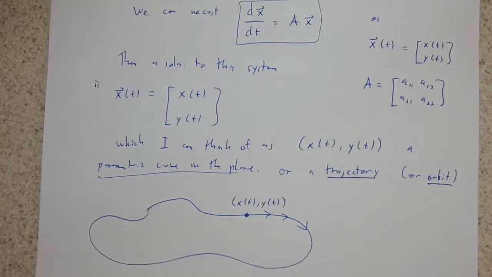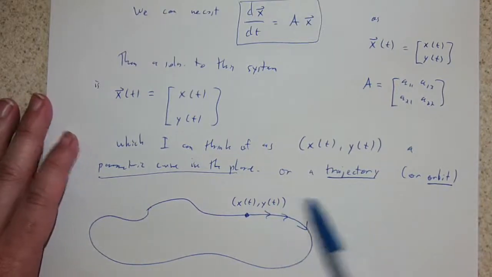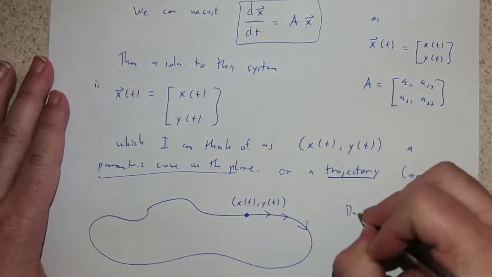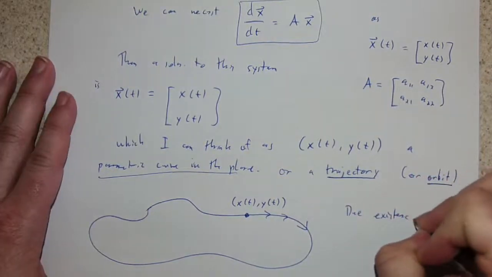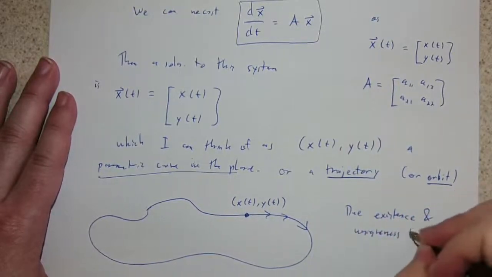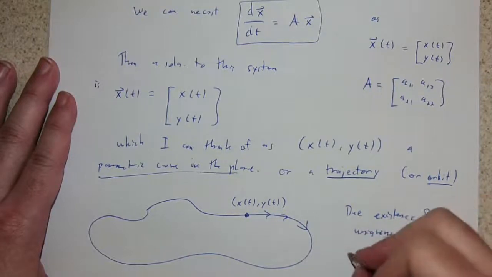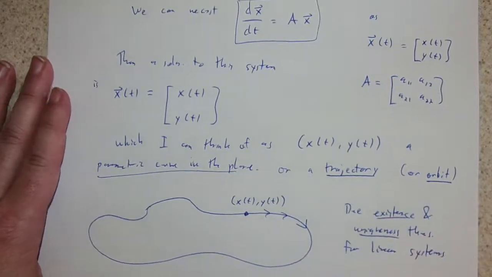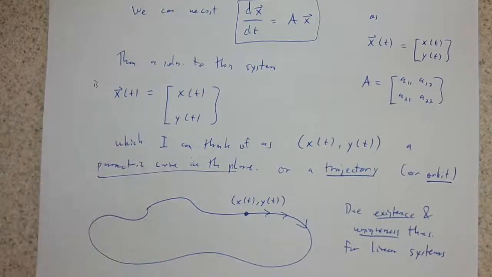The reason for that is simple. How I think about an orbit, or more generally a trajectory, is just some path that's traced out in the plane. Now, due to the existence and uniqueness theorem, specifically the uniqueness bit, for linear systems, what am I saying?